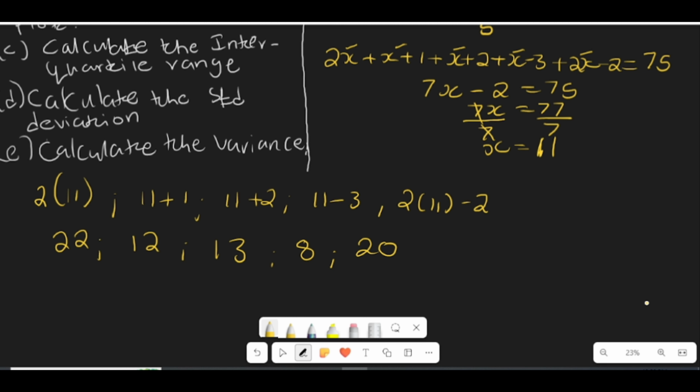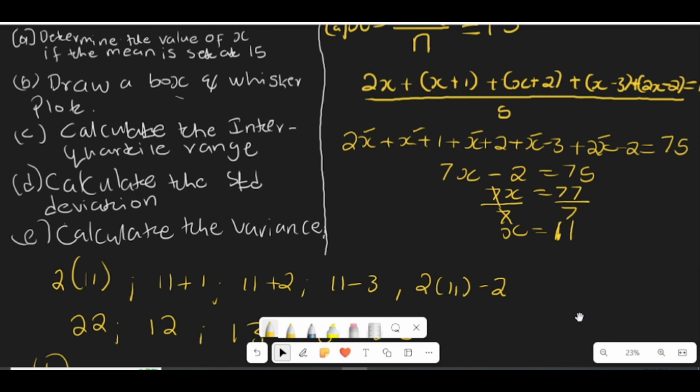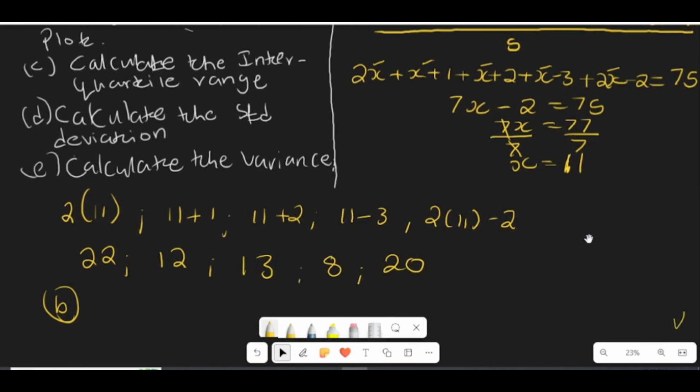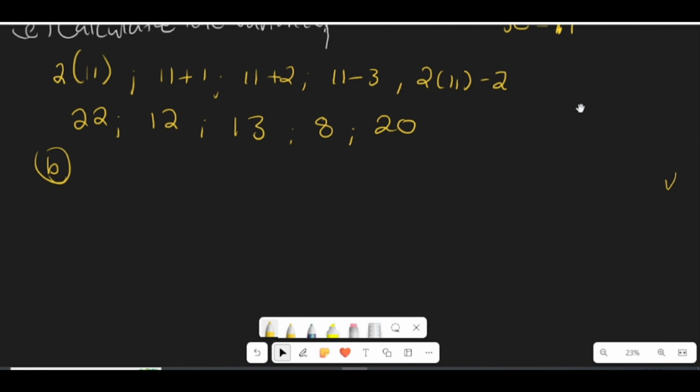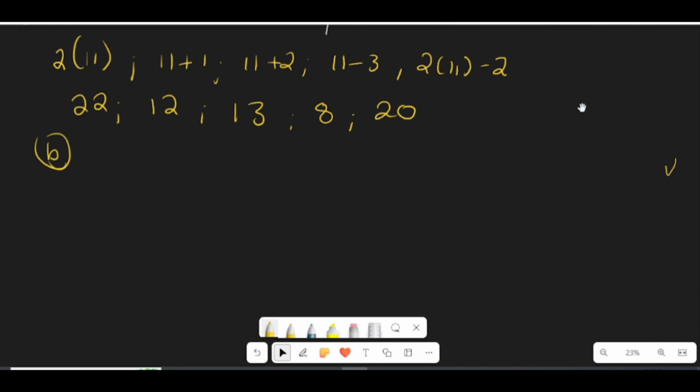B specifically said draw a box and whisker diagram. Let me just go a little bit up here so that you guys can see. So we're going to use the data that is here to draw a box and whisker diagram.